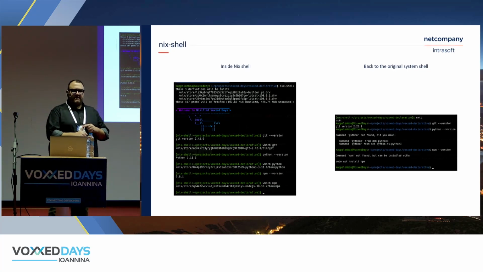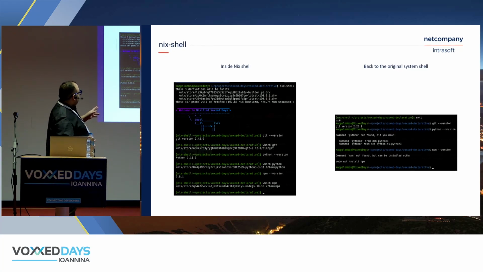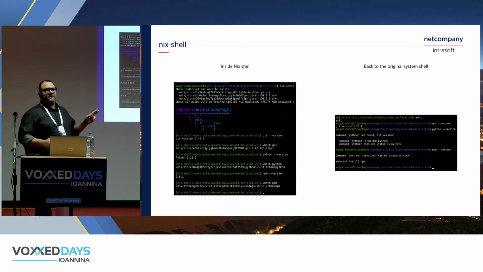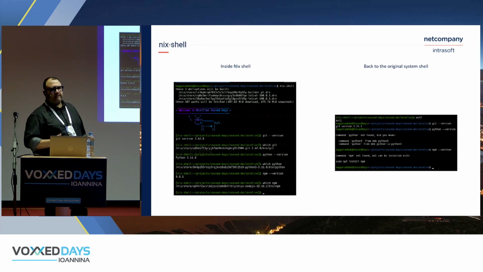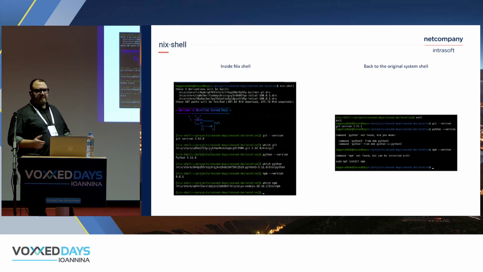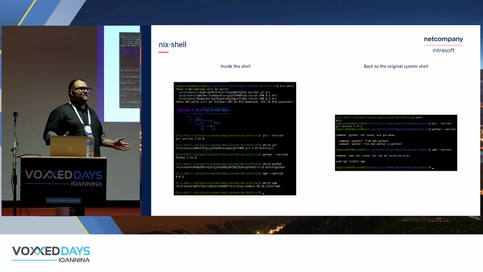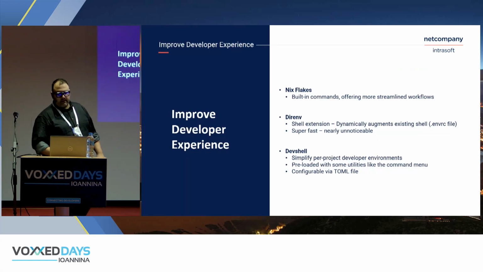And as you can see, if we check which Git we are using, it's a Git from a specific path of the Nix store in our system, and it's not in the global path. Also Python and NPM. And as simple as that, we can exit this environment and we don't have those dependencies in our system. They do not interfere with any other work we want to do in our system.